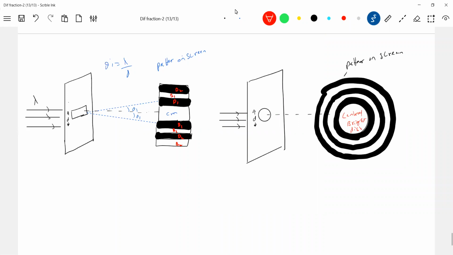What is the use of this? Now the theta, what is the angular position of that? If you take that one, it will become 1.22 lambda by d for a circular disk. Again, it's not there in the syllabus, but we have to remember, because this is what I'm going to use in the resolving power of a telescope. Without this data, I think you're in big trouble.